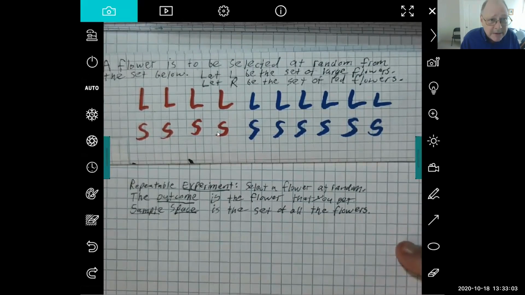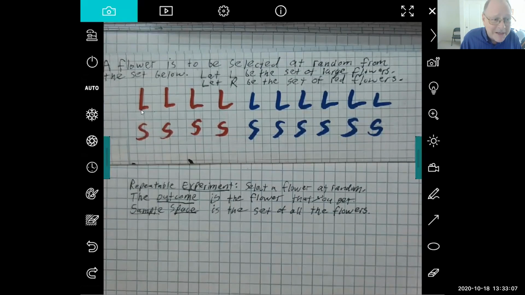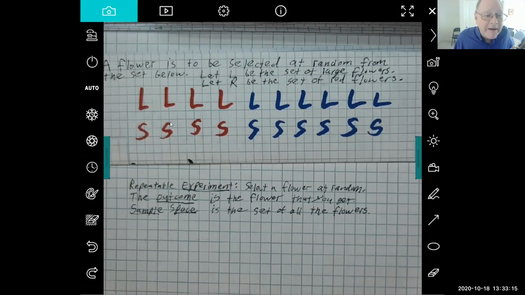So that's these 20 flowers. Each one of these letters that I've written up here is supposed to be a flower. I'm just not a very good artist, so I wrote the letters. But the sample space is the set of all those 20 flowers.